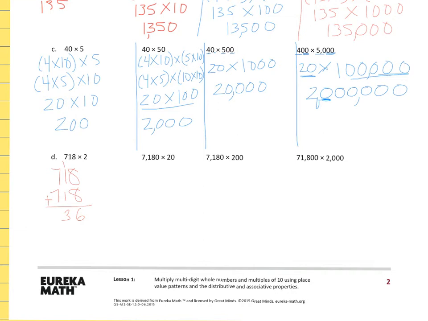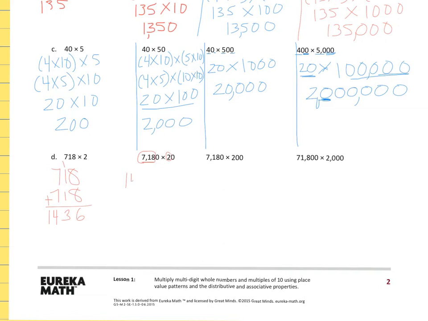And then my 700s plus another 700s would be 1400. So that is 1436.